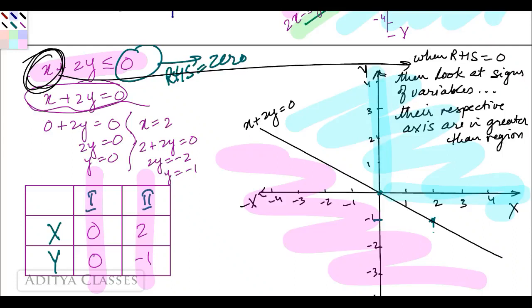Now look here, x plus 2y less than 0. Remember what I said? Look for the sign of x. Match this sign to its axis and that will be greater than. x is positive, this is the greater than area.